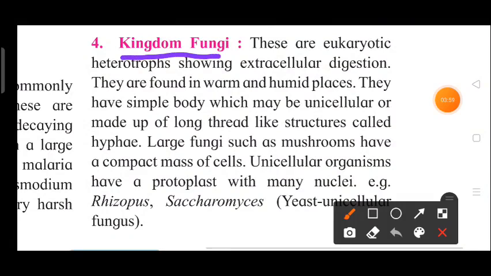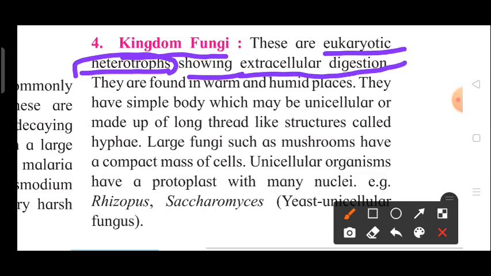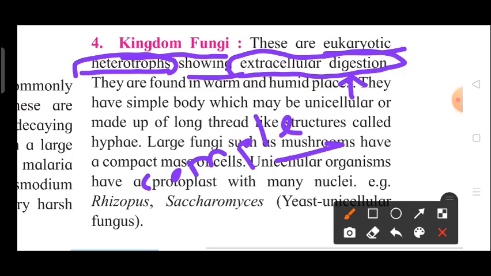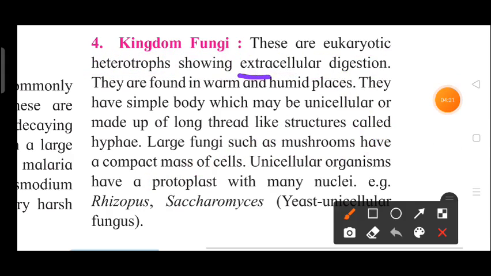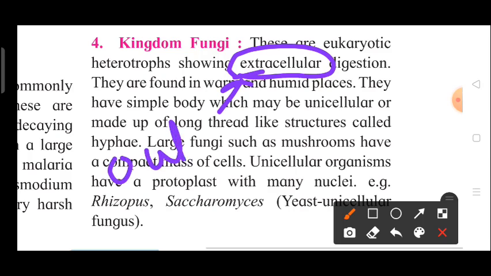Okay, the next point is Kingdom Fungi. These are eukaryotic, all having a true type of nucleus. They are heterotrophs, obtaining their food material from other organisms. They show extracellular digestion. Digestion is the process by which we convert complex food material into simple material. In fungi, they show extracellular digestion.